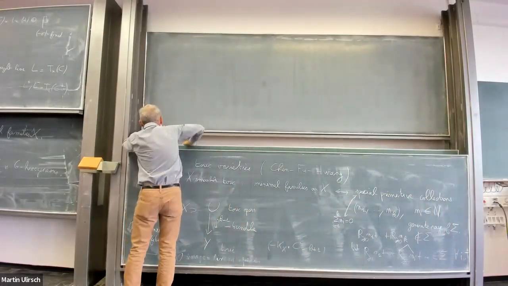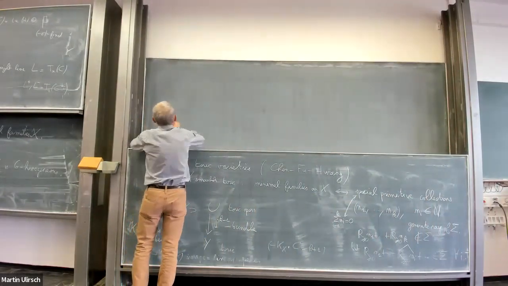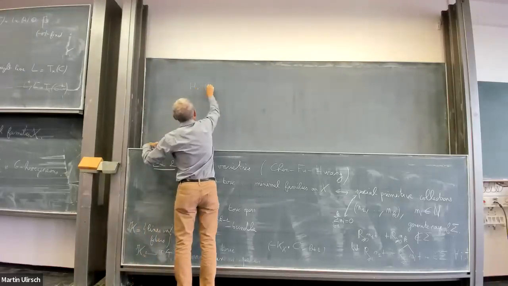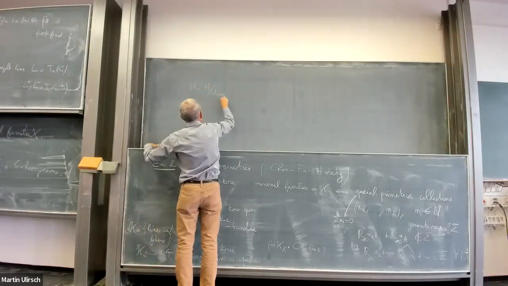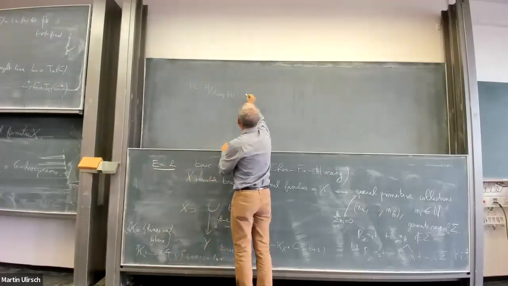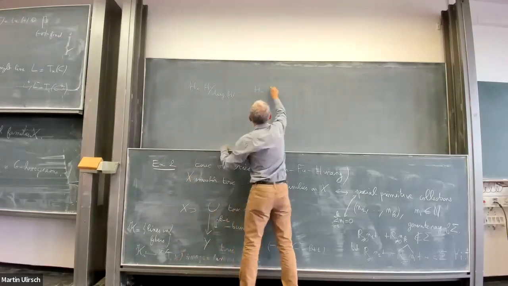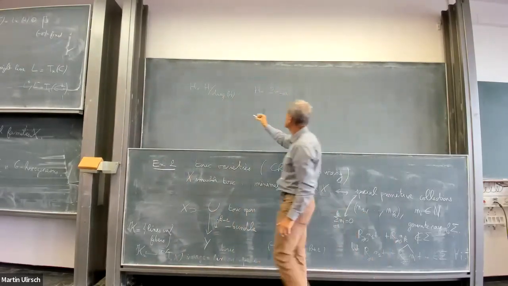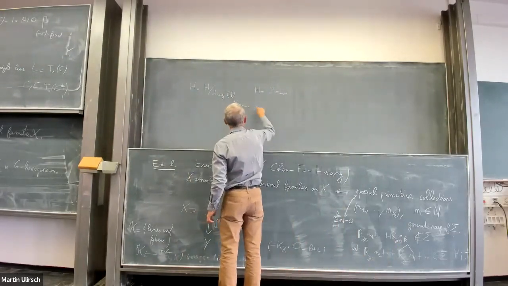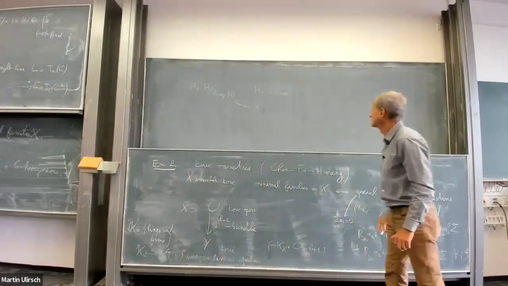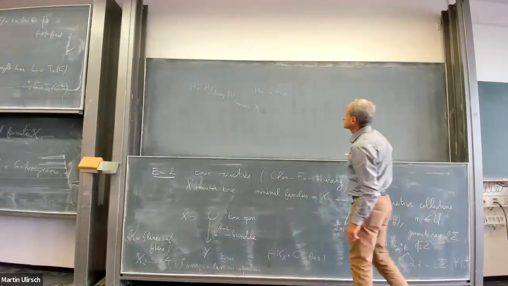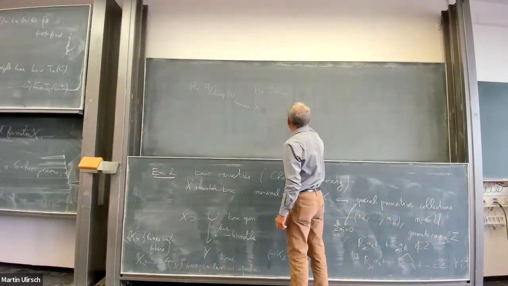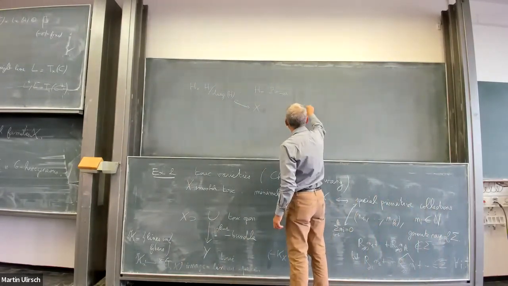So let me take H times H mod H, example one, where H is GL_n. Then there is a natural compactification of PGL_n through matrices.